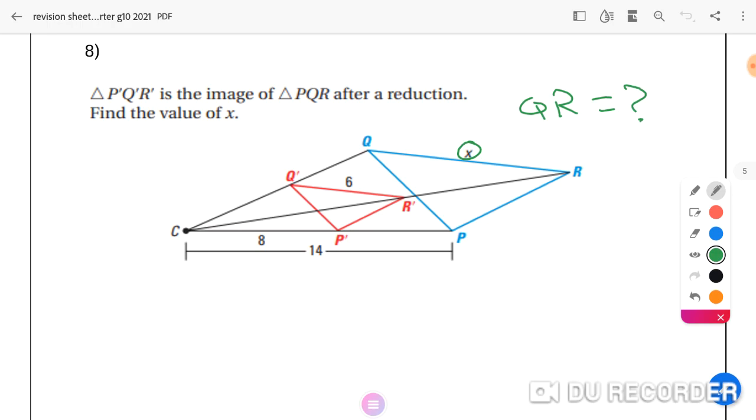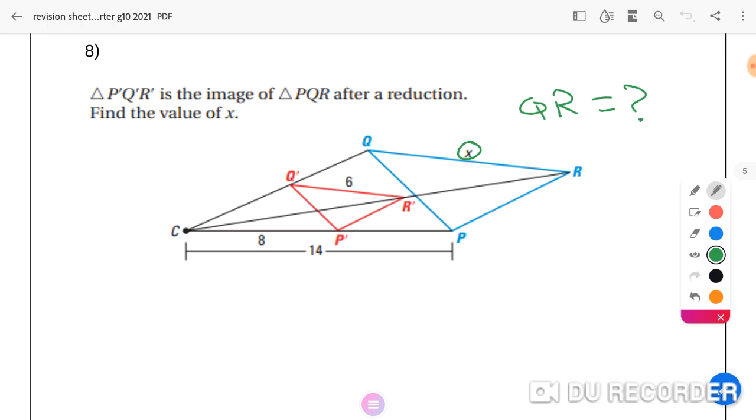So, guys, we know that dilation results in similar polygons or similar figures. So, these two triangles actually are similar because one is the image of the original one by a dilation. Okay, so we can apply a proportional relationship between these two figures.